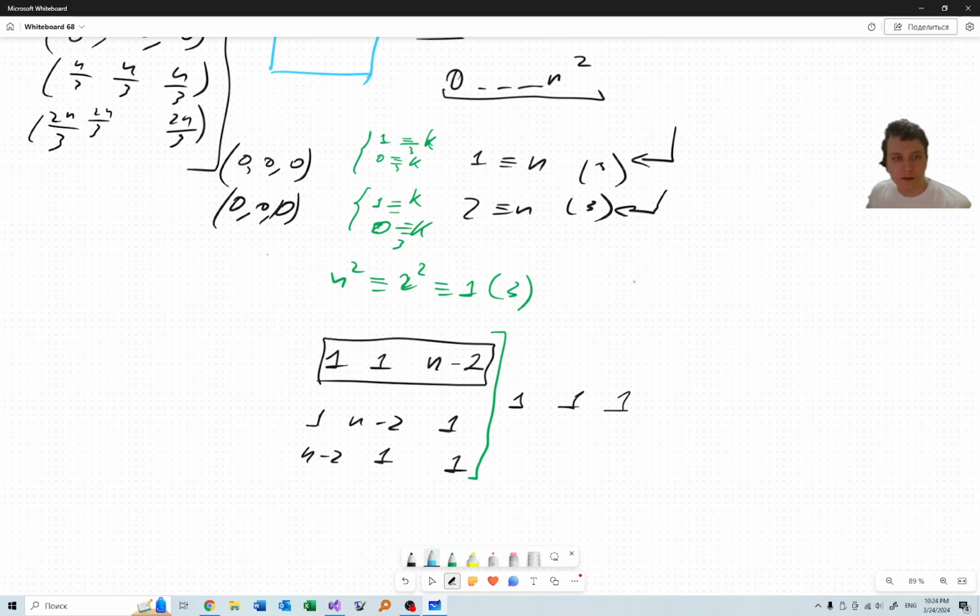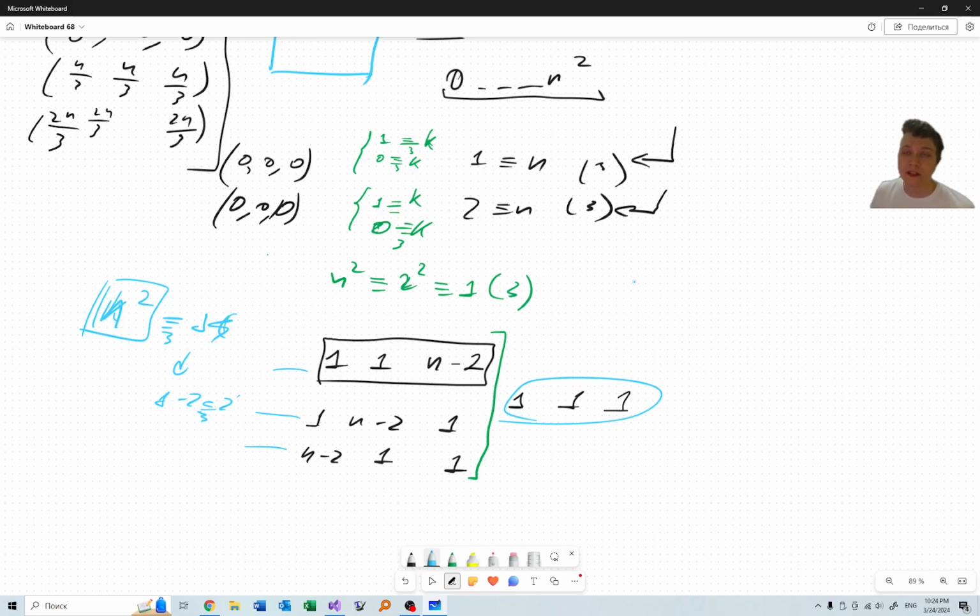Initially we have all triples, so we have k squared n squared, which is 1 modulo 3. Now we removed 3 triples and added 1 triple, so now it becomes 1 minus 2, which is 2 modulo 3. And then we can remove as many triples as we want, so we can actually get any number modulo 3.